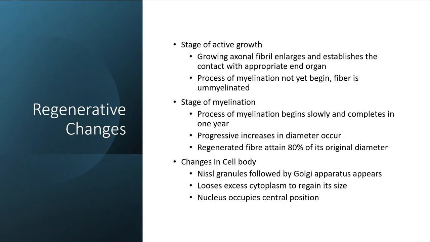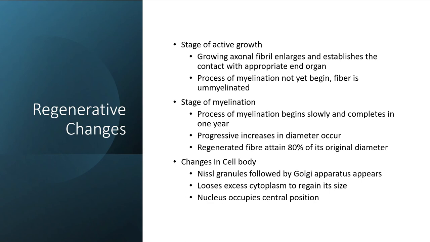The third stage is the changes in the cell body. Nissl granules are followed by the Golgi apparatus. The cell body loses the excess cytoplasm to regain its size, because there is swelling in the cell body. With the loss of cytoplasm it comes to the normal size, and the nucleus occupies the central position, having moved to the periphery in the case of retrograde degeneration.